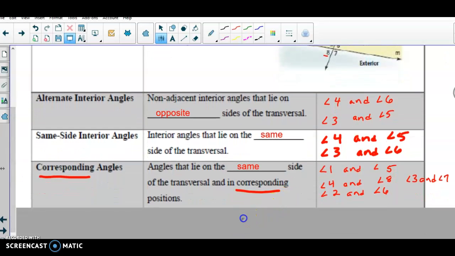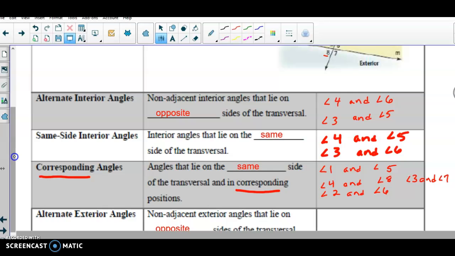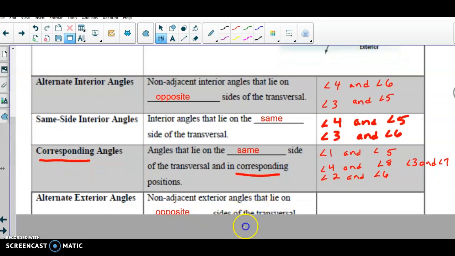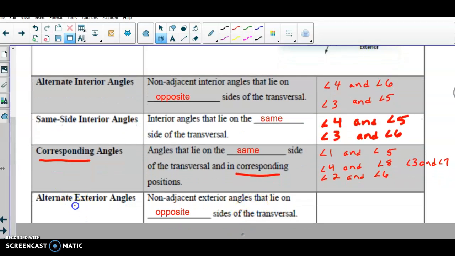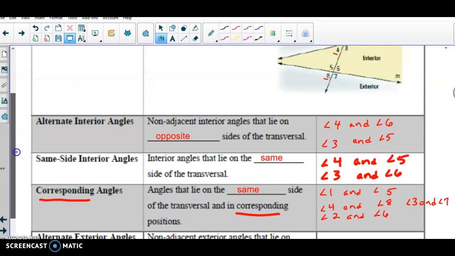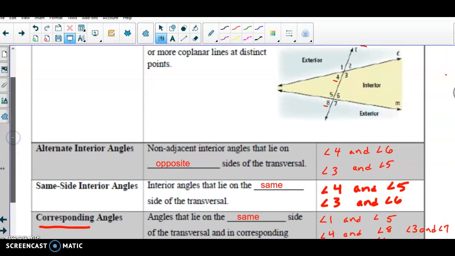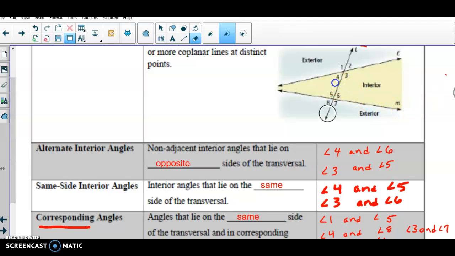One more grouping is called alternate exterior angles. So notice again, the word exterior is key information, but they're going to be on opposite sides of the transversal. So let's go up and take a look at the picture. The only angles in question are the ones that are outside of those two lines on the exterior.